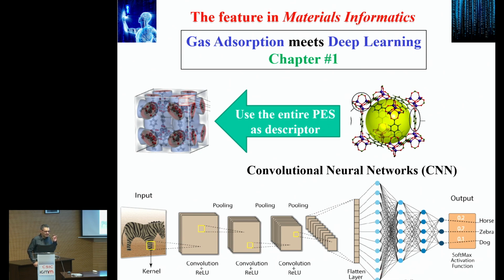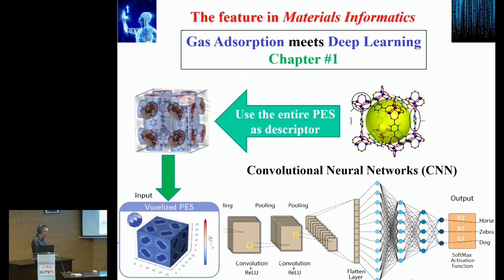And this can be done also in speech. So the input can be 1-dimensional, 2-dimensional like here, 3-dimensional, or many-dimensional. So what can we put here? The potential energy surface.